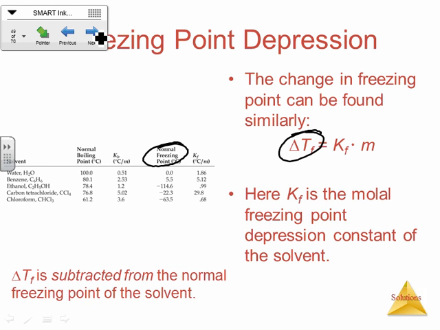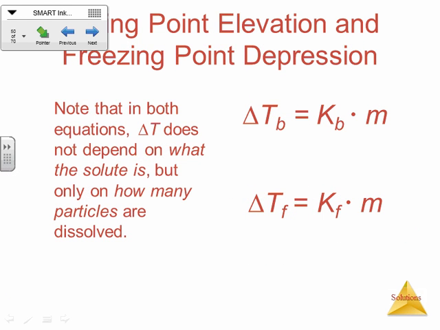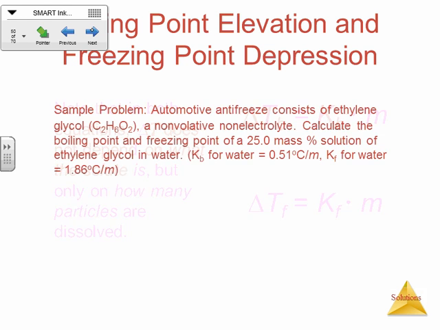Okay, so if you get a delta T there of 2 degrees Celsius, then the new freezing point of water is going to be negative 2 degrees Celsius. Okay, that's how that works. And again, this is why it's a colligative property. It doesn't matter what the solute is. All that matters is how much of it is dissolved. We want to know how many moles of the solute that we have, okay, in a certain amount of the solvent. Okay, so let's try this one.